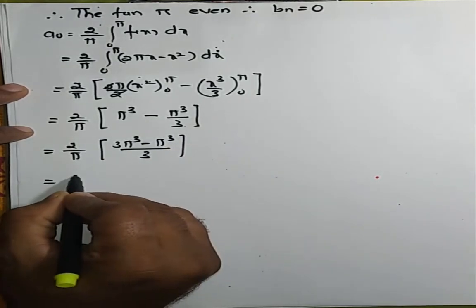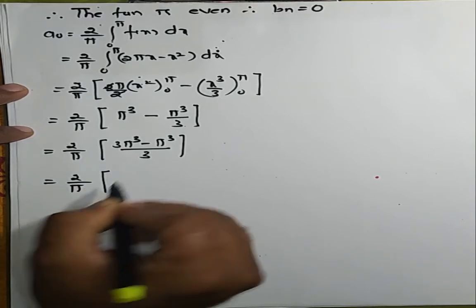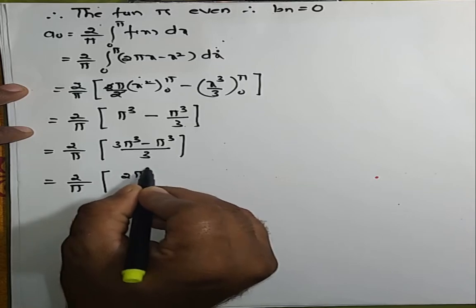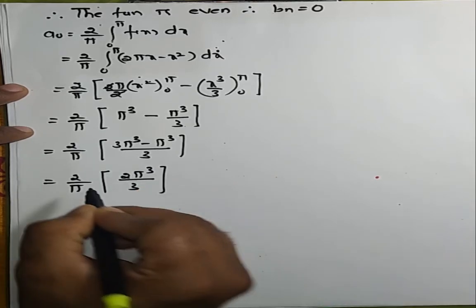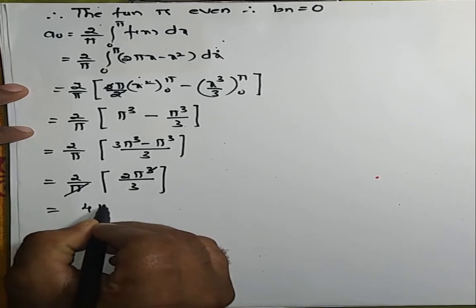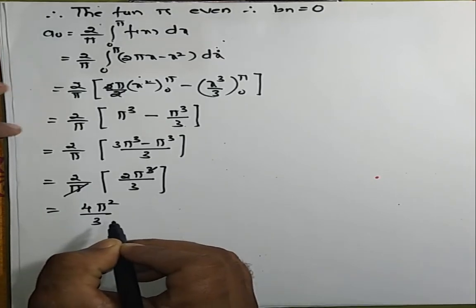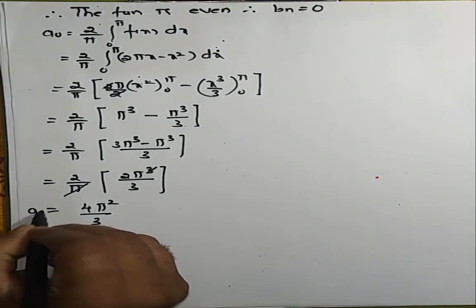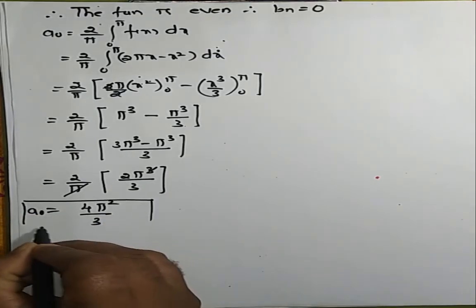So I can write here 2 divided by pi bracket 3 pi cube minus pi cube is 2 pi cube divided by 3. So one pi here and pi get cancelled. So it becomes 4 pi square divided by 3, which is the value for a naught.